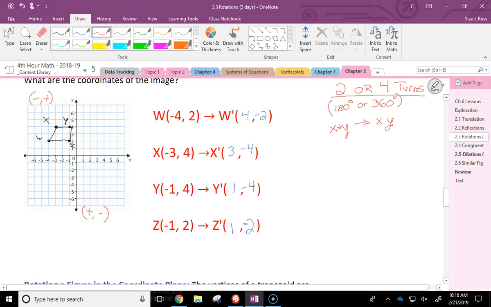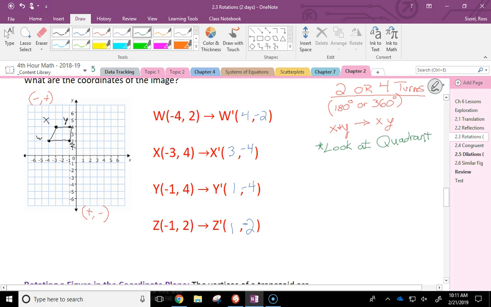Now what is important? This is the new concept. Look at quadrant. When I knew my original numbers were 4, 2, I could just write down 4, 2, 3, 4, 1, 4, 1, 2. When I looked at what quadrant I was in, 2 turns would put me in quadrant 4.